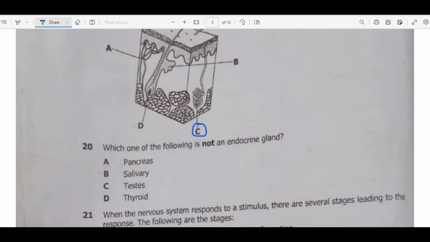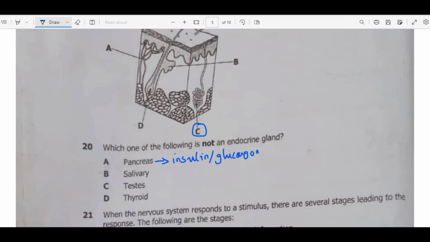Then we move on to the last question, question 20. Which of the following is not an endocrine gland? A, pancreas is an endocrine gland. If you look at the release of insulin and glucagon.